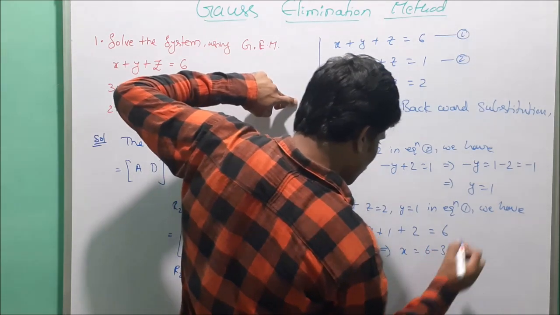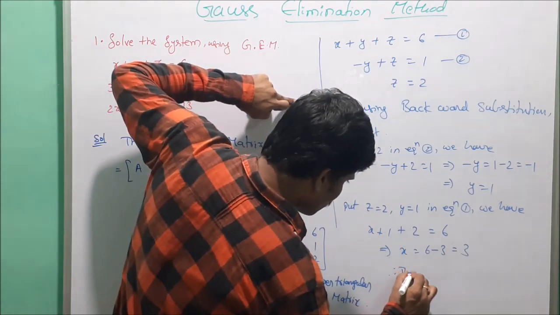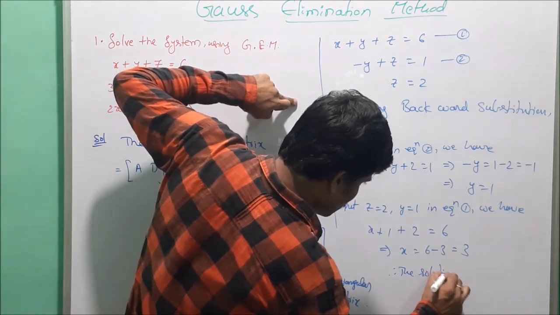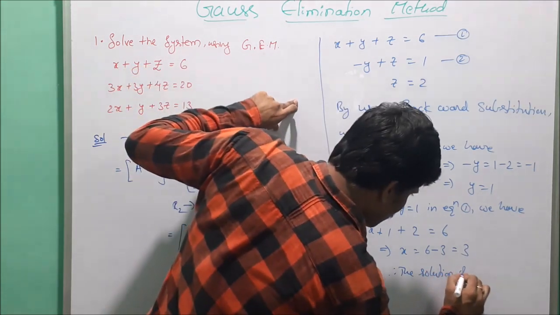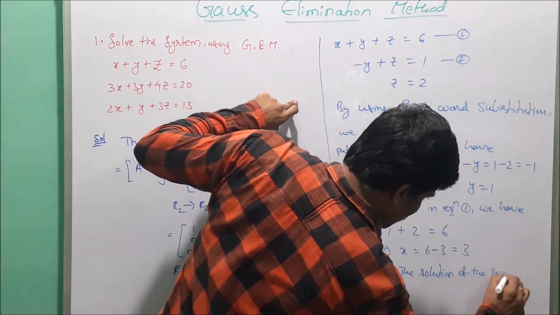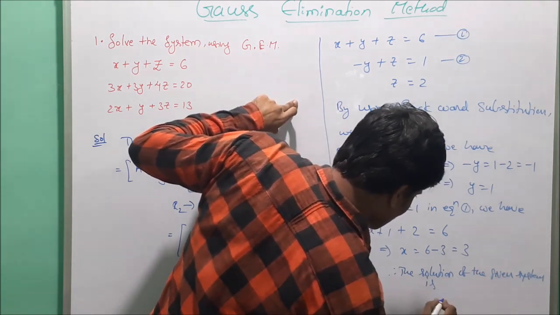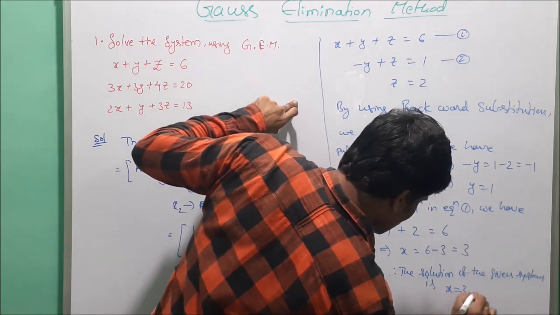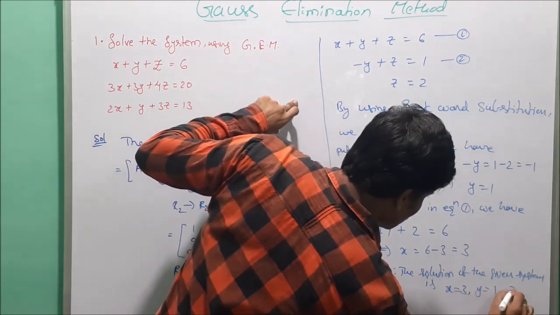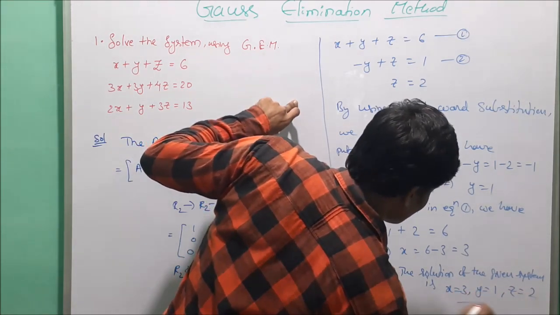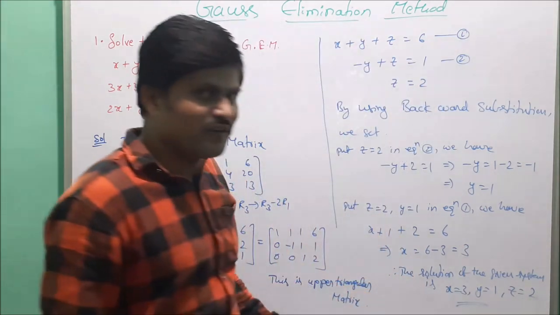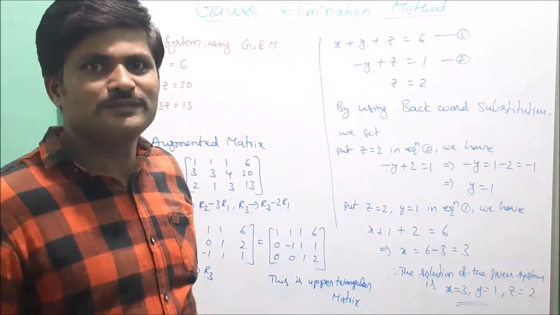So this is 3. Therefore the solution of the given system is x equals 3, y equals 1, z equals 2. So this is the solution for the given system.